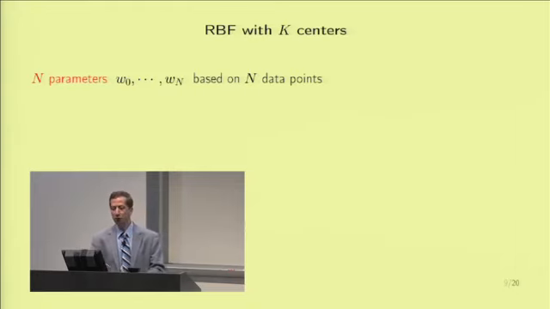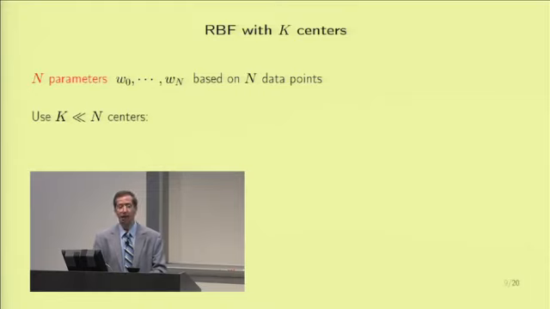So you take capital K, which is the number of centers in this case, and hopefully it's much smaller than N, so that the generalization worry is mitigated. And you define the centers. These are vectors, mu1 up to mu sub k, as the centers of the radial basis functions, instead of having x1 up to xN, the data points themselves, being the centers.